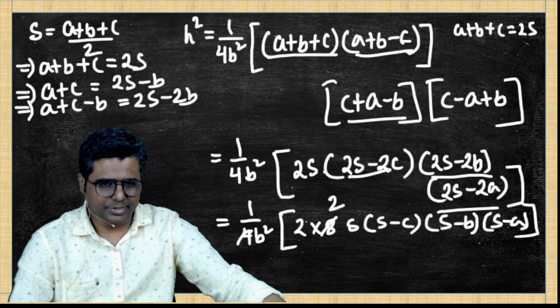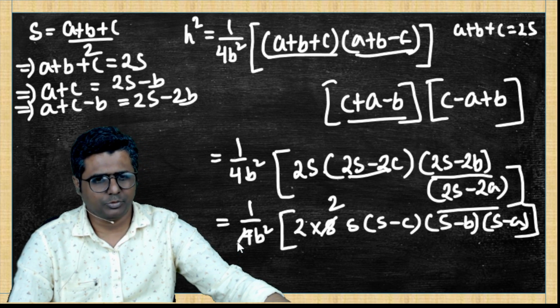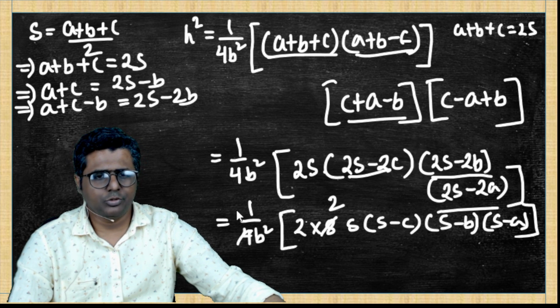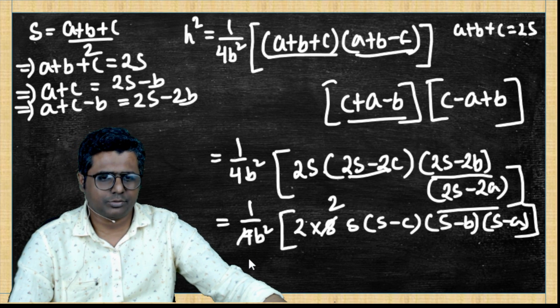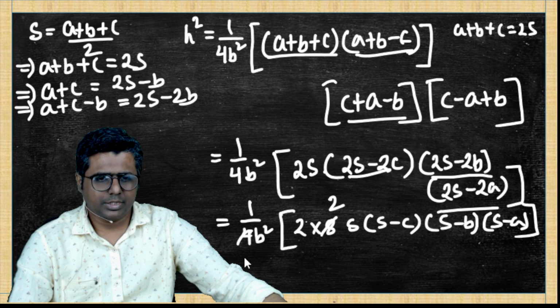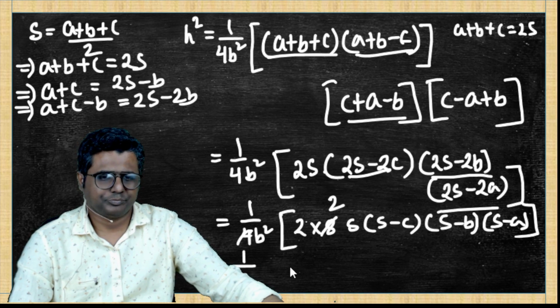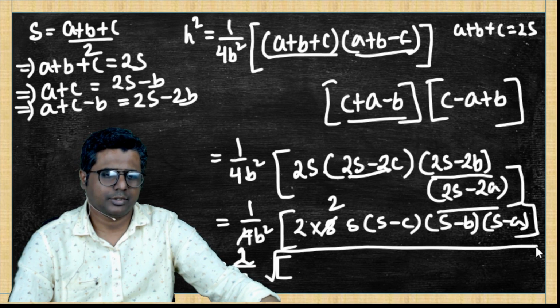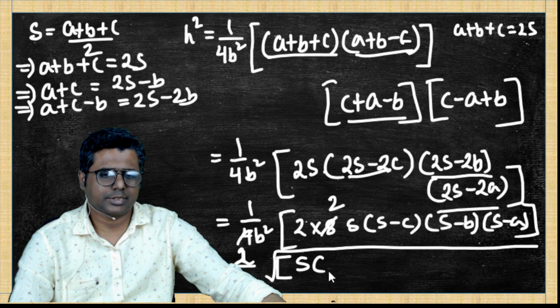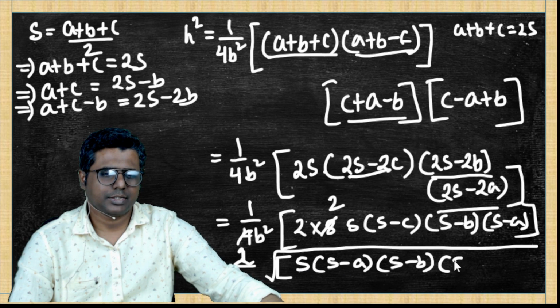So what will be h? Now almost it is done. h will be root over of this expression. This is b square, so it is going to come out as 1 by b. This is 2 into 2, so 2 by b. Rest part will be inside the root, that is s minus a, s minus b and s minus c.